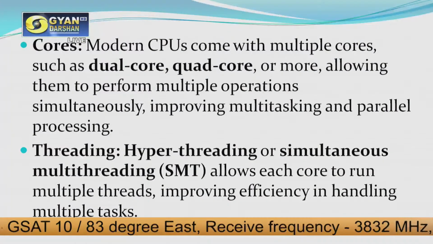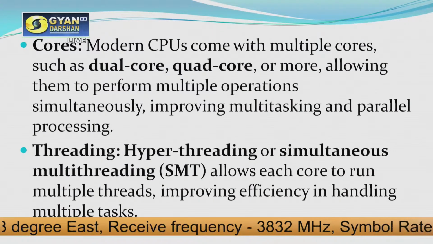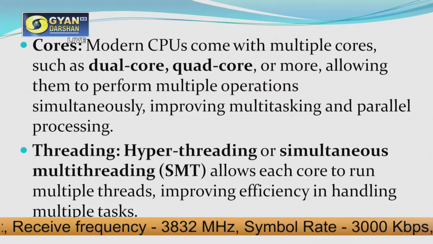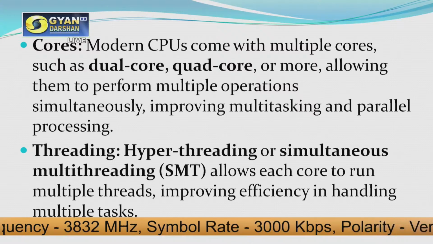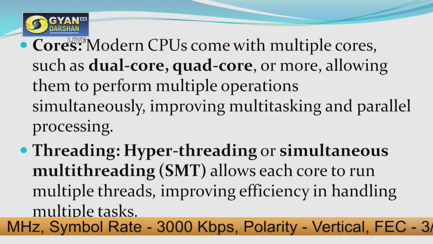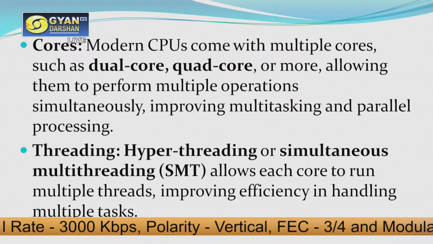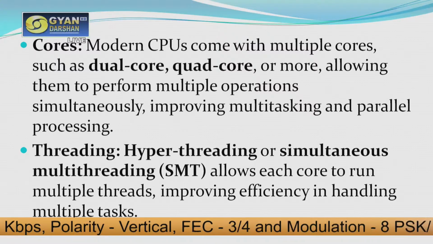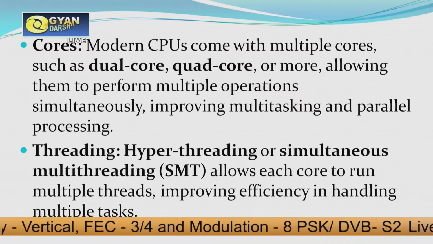However, in modern specifications, they mention the cores also. These CPUs come with multiple cores, like dual core, quad core or something like that, allowing them to perform multiple simultaneous operations, improving multitasking and parallel processing.